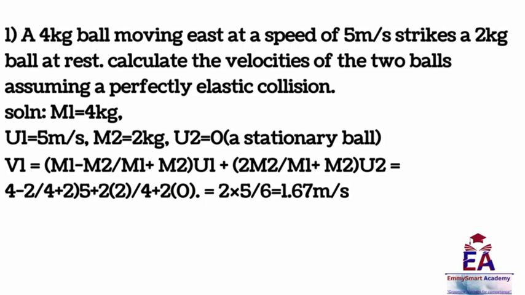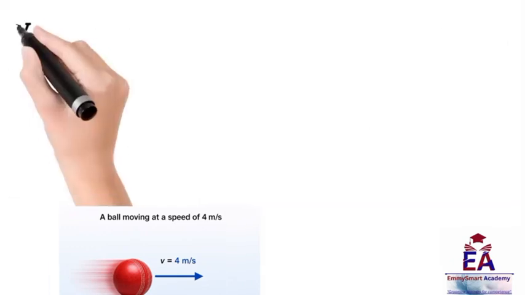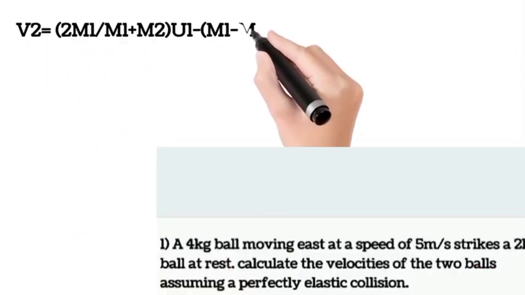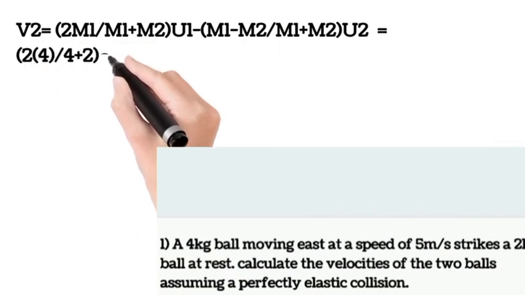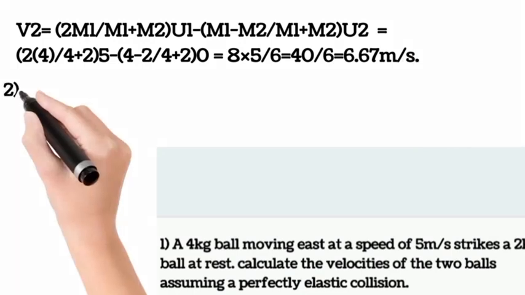We put in the values, M1 as 4 kg and U1. The velocity of the second body we find by using M2 M1 all over M1 plus M2 times U1 minus what you have there. So our answer is going to be 6.67 meter per second.